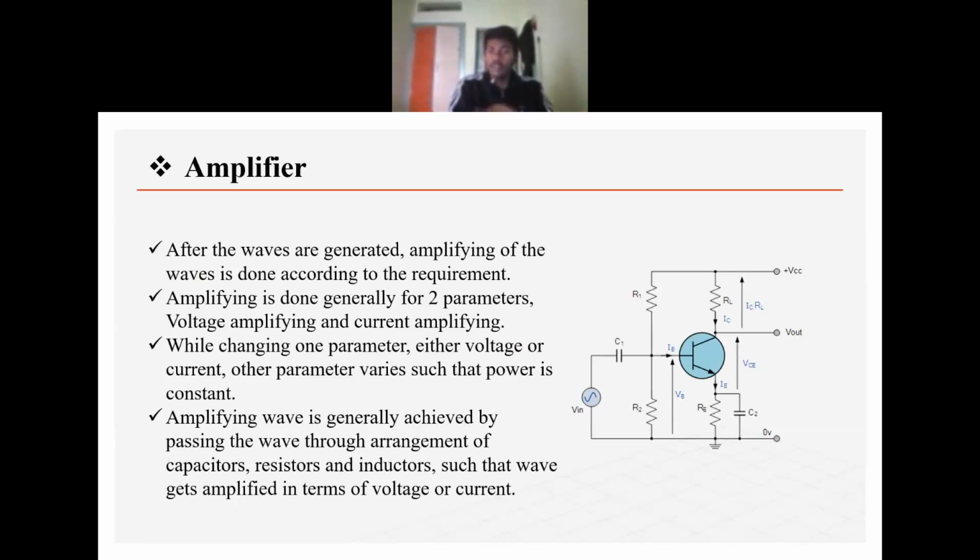Now the amplifier is also the same. Here also it is a circuit design so that the amplifier amplifies the wave signal. For a basic understanding, if we want to decrease the current, we can send this signal across a capacitor, a discharged capacitor.